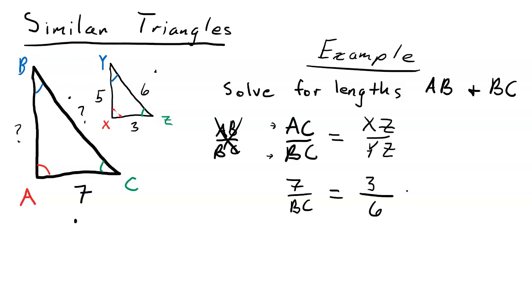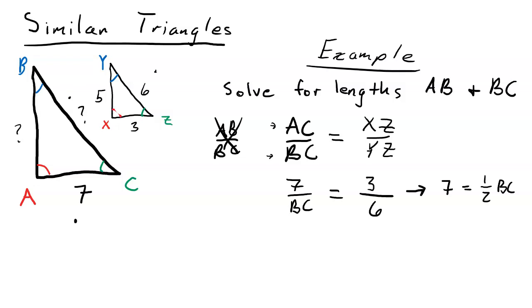The way that we're going to solve this is we're going to multiply BC across to here, and then divide by 3 over 6. 3 over 6 can be simplified to 1/2. So we're going to have 7 is equal to 1/2 times BC.